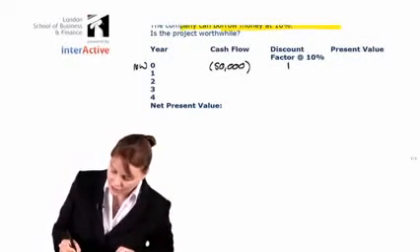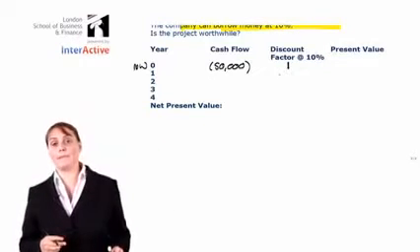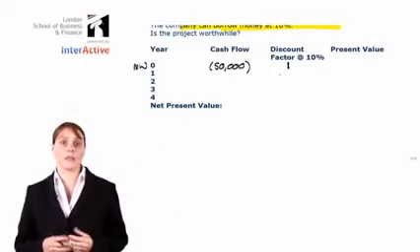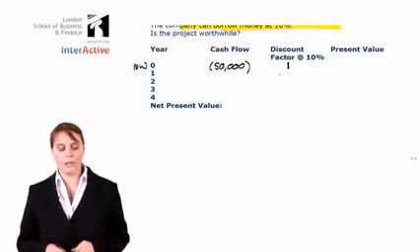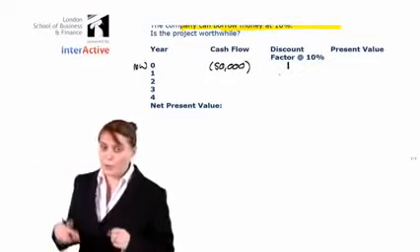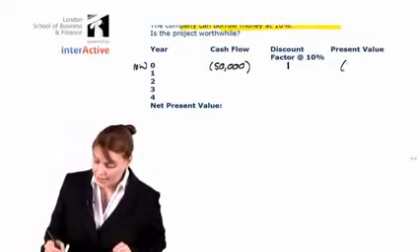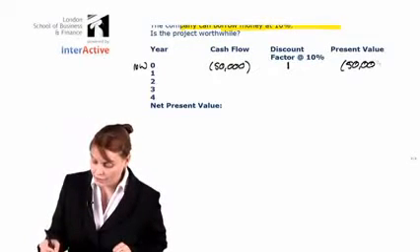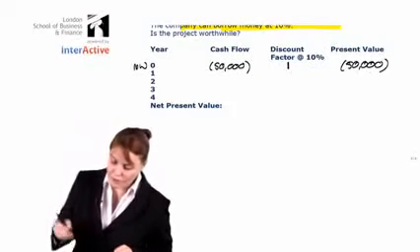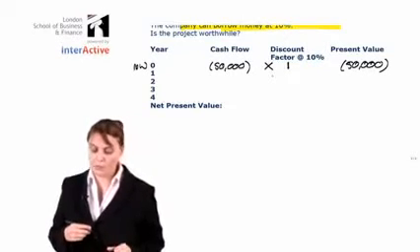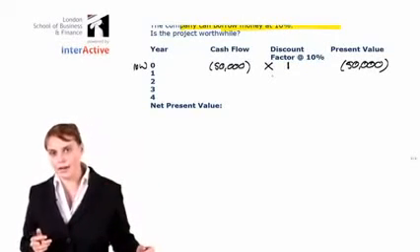The discount factor for time period 0, so the present time, will be 1. Therefore, the present value of that 50,000 cash outflow is just the value of the outflow multiplied by the discount factor.